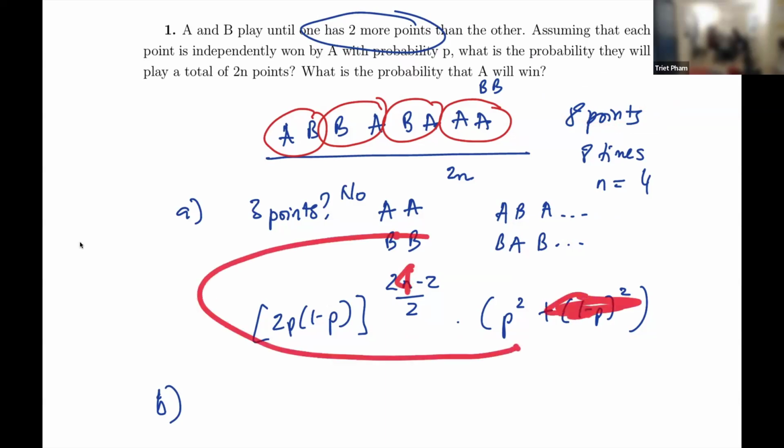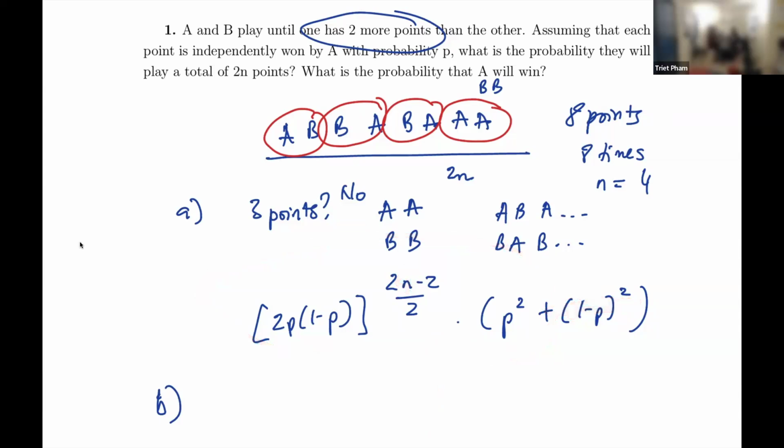This is the probability A will win in exactly 8 points. Of course, you can also phrase a question as, what's the probability A will win in 8 points or less, which is going to be the sum of everything leading up to that. But we want now the probability A wins, period, without specifying the number of points. That's the challenge of that question.